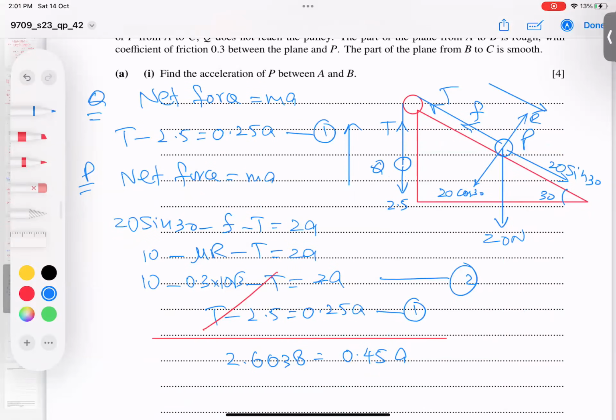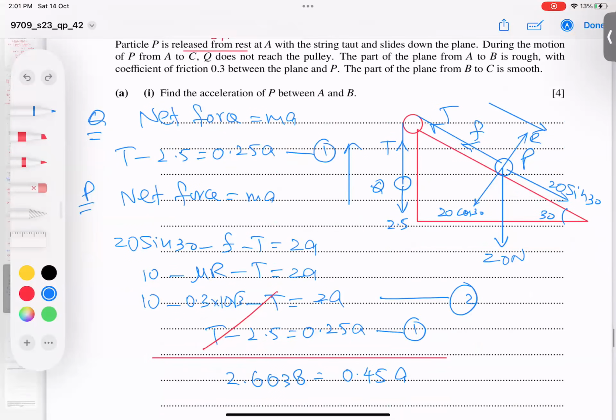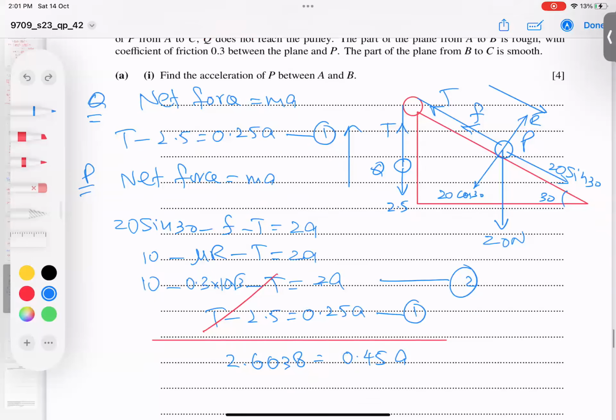So wait a minute. One small mistake can lead us into trouble. Anyway, I'll check again. 20 sine. Okay, let's start from the beginning. T minus 2.5, first equation, no mistake. Second equation, 20 sine 30 minus friction minus tension equals MA. Okay, 2A, correct.